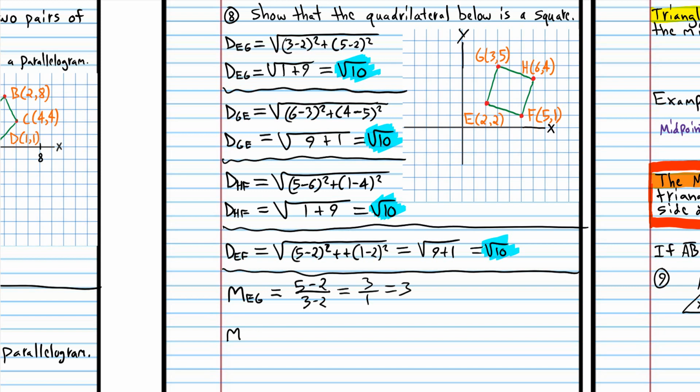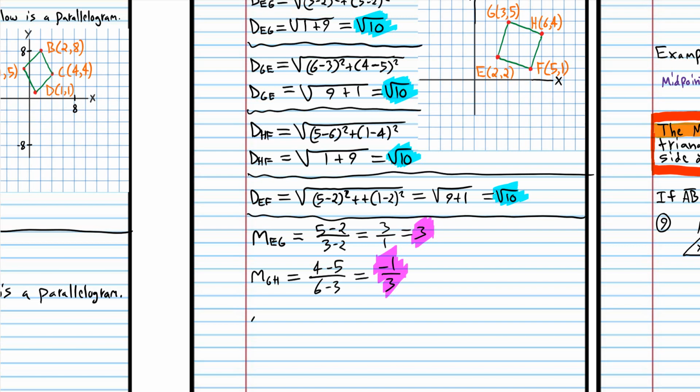Now the slope of GH should be the opposite reciprocal. Using G as point 1, we have 4 minus 5 over 6 minus 3, and then we get negative 1 over 3. That's the opposite reciprocal of 3. So that proves that one angle is 90.